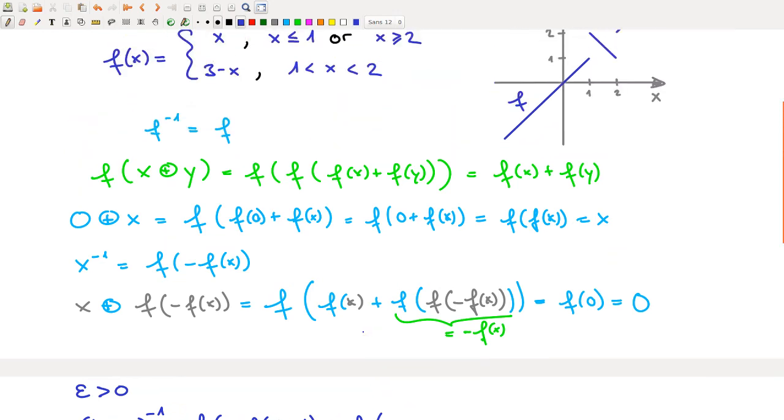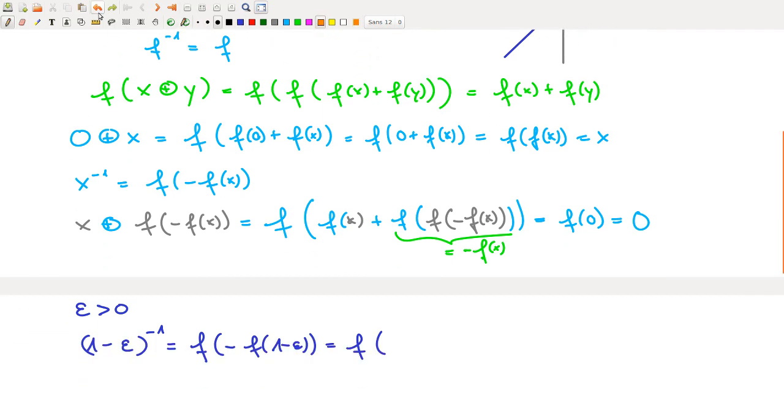There we are to the left of this discontinuity here. So the f is just the identity. So we get minus 1 plus epsilon. And close to minus 1, the f is also just the identity, so the inverse is minus 1 plus epsilon.